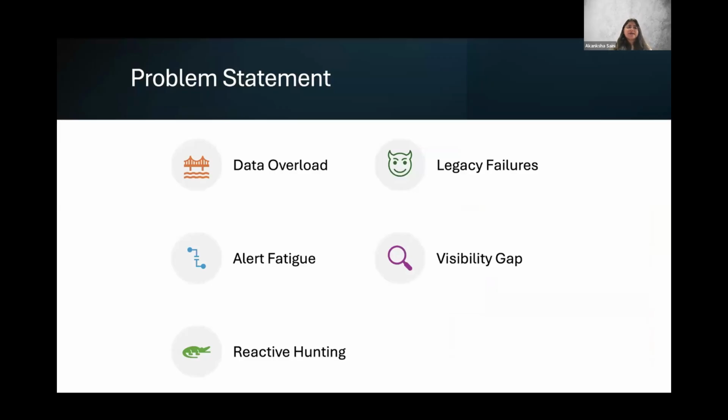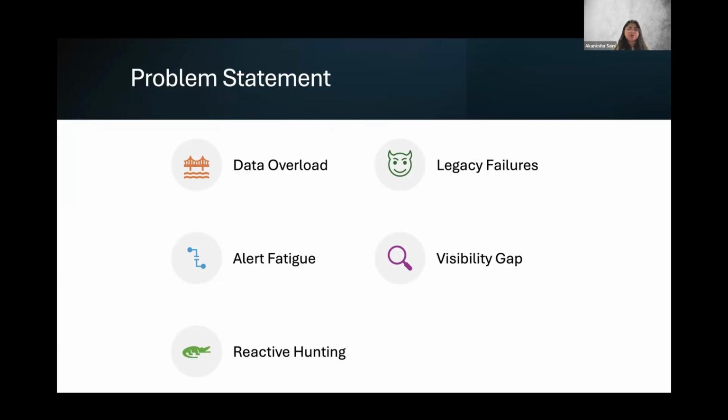So, why is this project necessary? Today, we are facing a storm in network security. First, data overload. Modern networks generate traffic at a velocity and volume that simply exceeds human capacity to review. Second is legacy failures. Our traditional signature based tools are failing us.